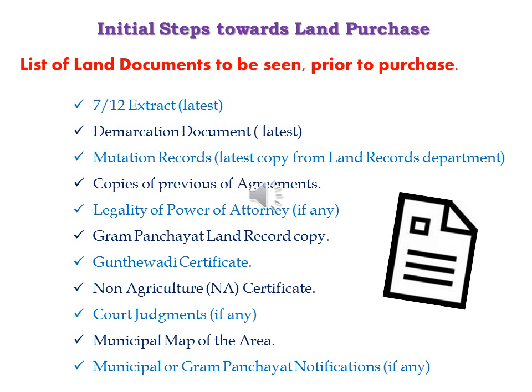Now this slide covers what are the various documents that are required for you to assess whether it's worth buying the land or not. One of the first very important documents to be seen is called the 712 extract.